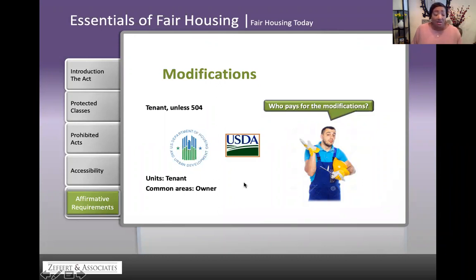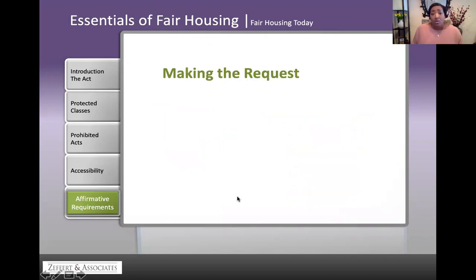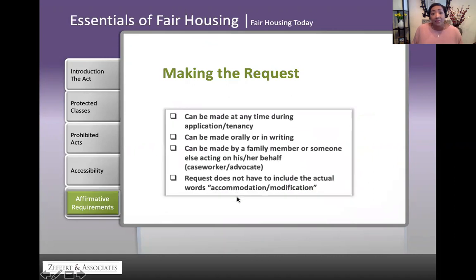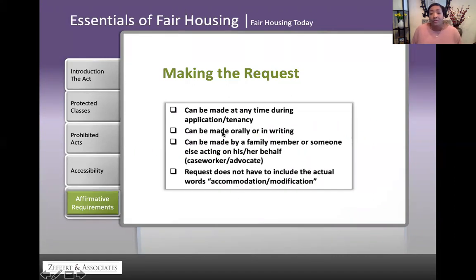Otherwise, the tenant would take care of them. The tenant will be responsible for any upkeep and maintenance of the modification that's used only by the tenant.